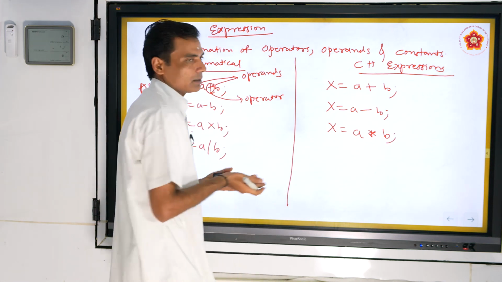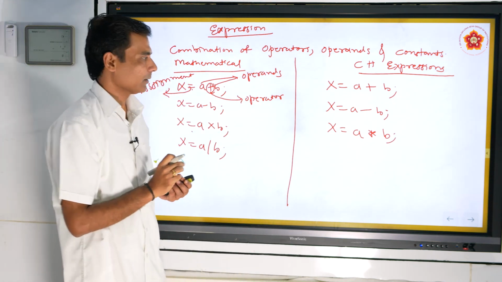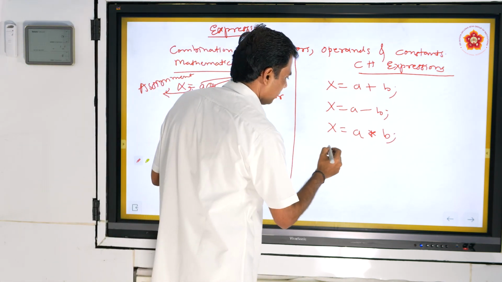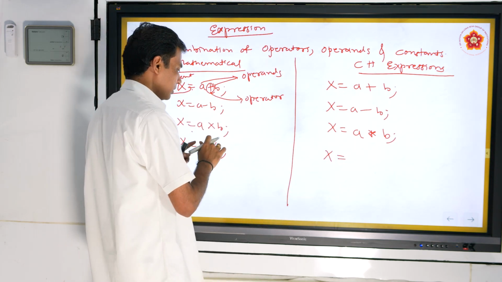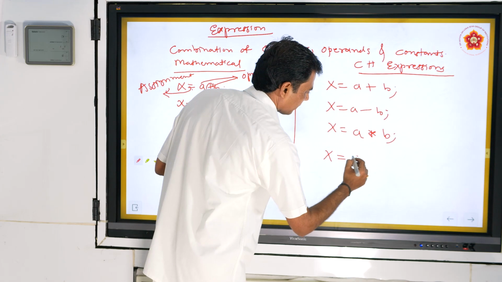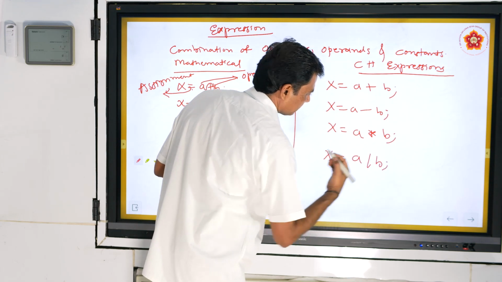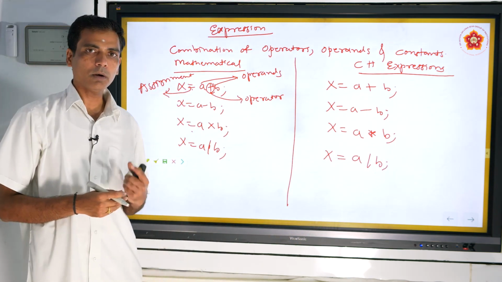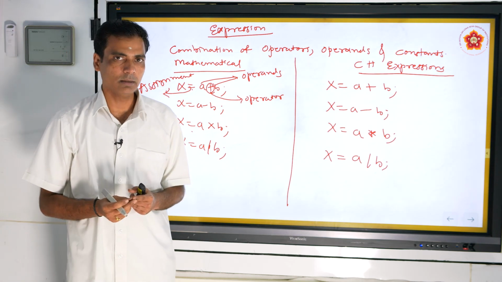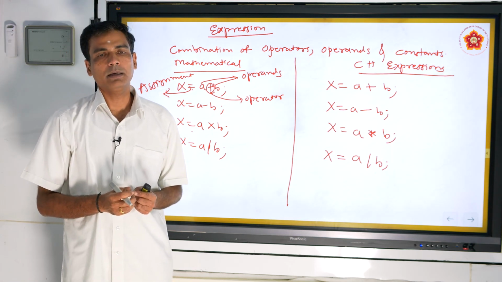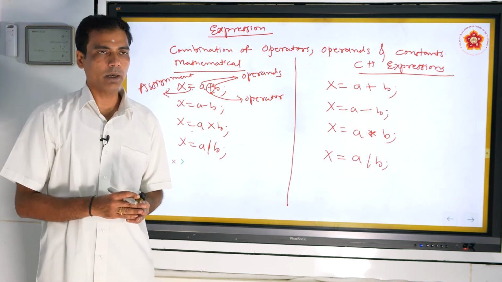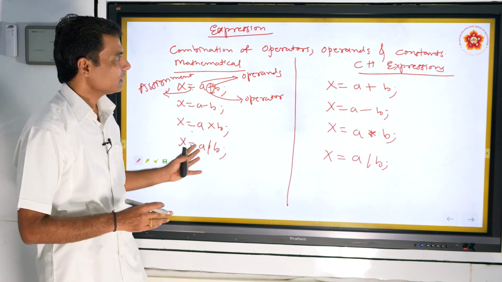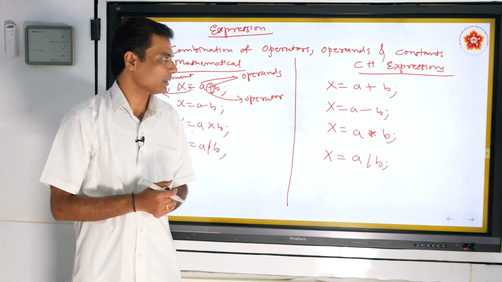You cannot use the multiplication sign, you use the star operator. Then the last one also, this is not a mathematical operator, a slash b. One more operator we have seen, that is the integer division operator, but that we are not going to use with the pointer, so we will not discuss here. So these are the typical C++ expressions.